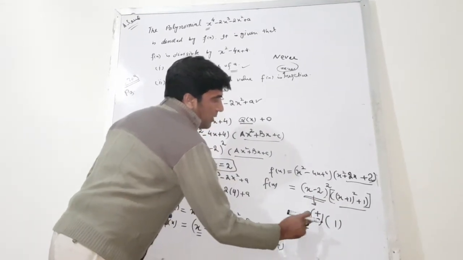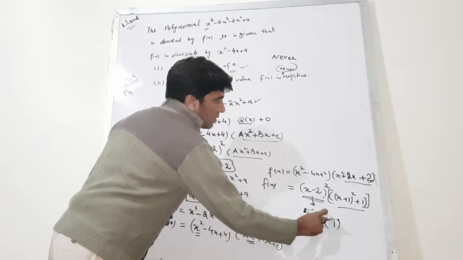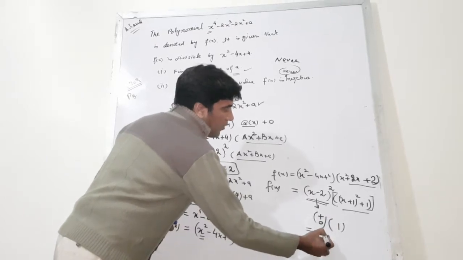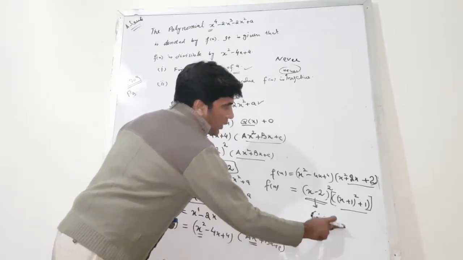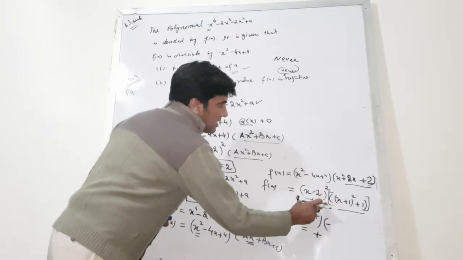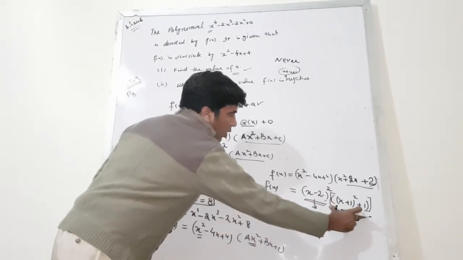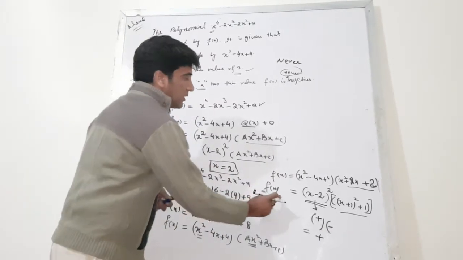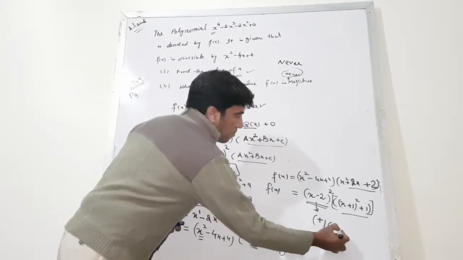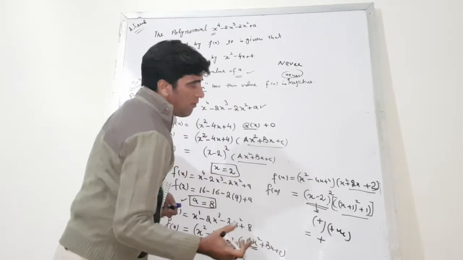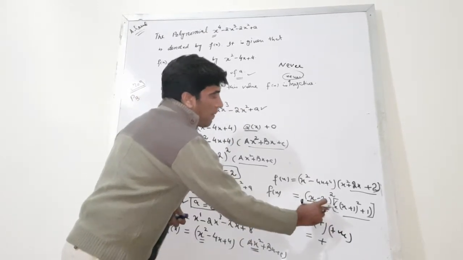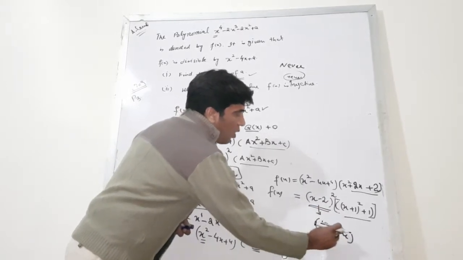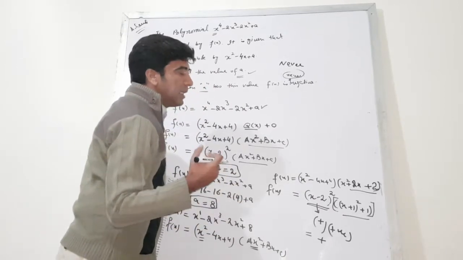When you multiply a non-negative answer with a number greater than or equal to 1, you will always have a non-negative answer. In other words, this is always non-negative and this is always positive. Whatever the value of x, your function remains non-negative, because you have two factors which always give you 0 or positive.